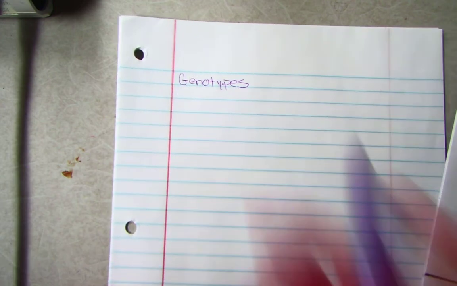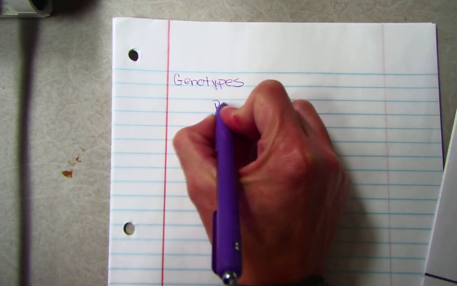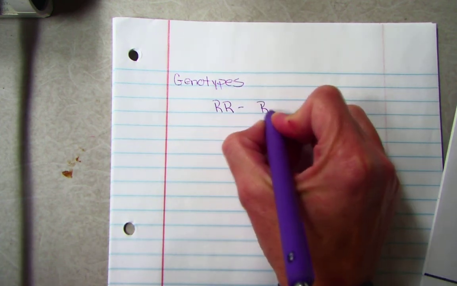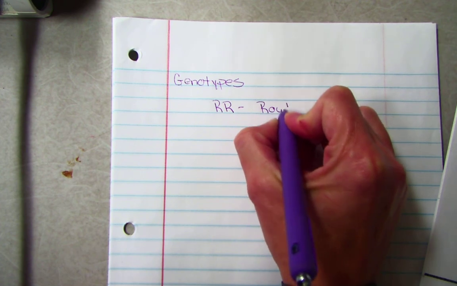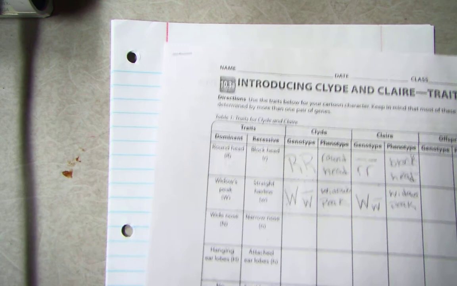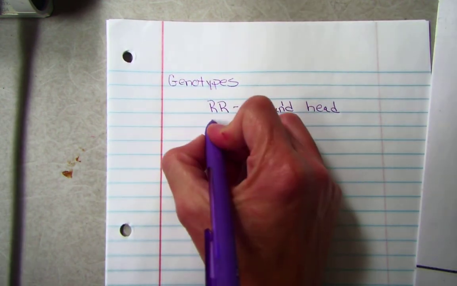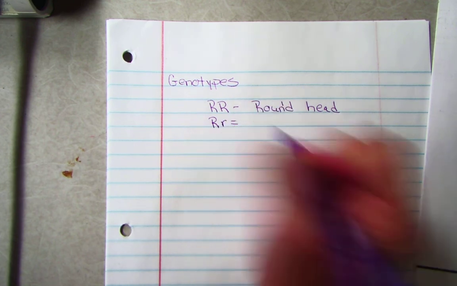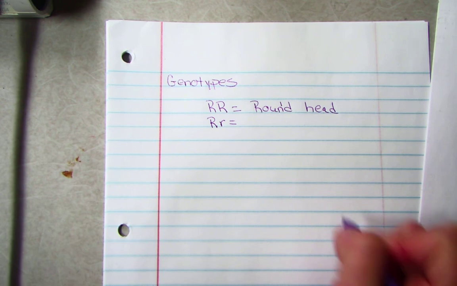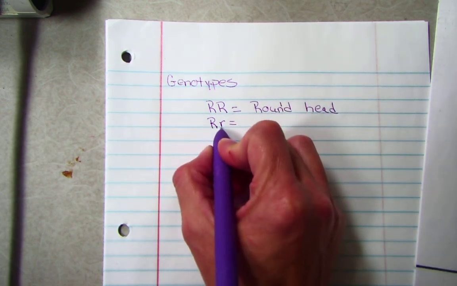So, if we're going to do one, for instance, capital R, that is going to be round head, okay? Because it's got both capital letters in it. If we have one that's capital R, lowercase r, and that, as you remember yesterday, is heterozygous, that means it's got one capital, one lowercase.